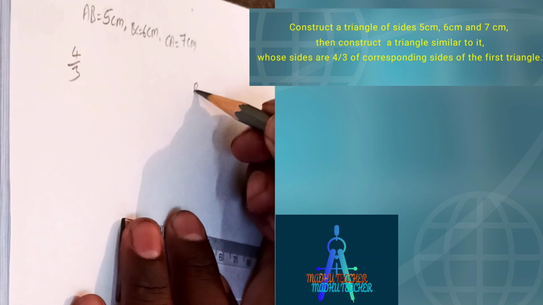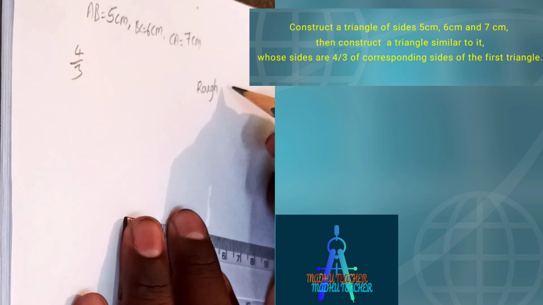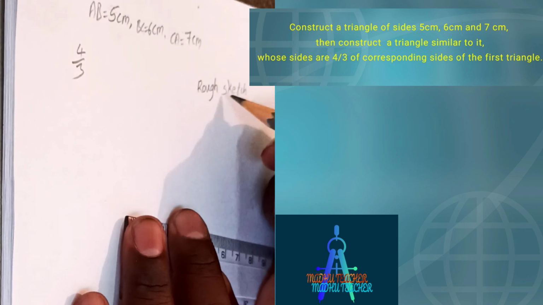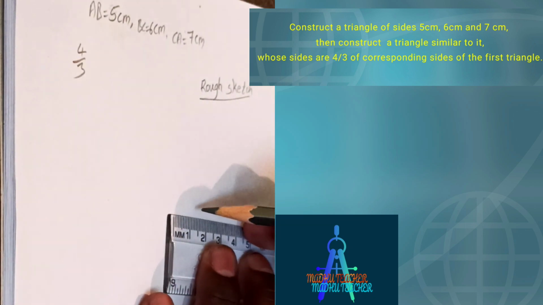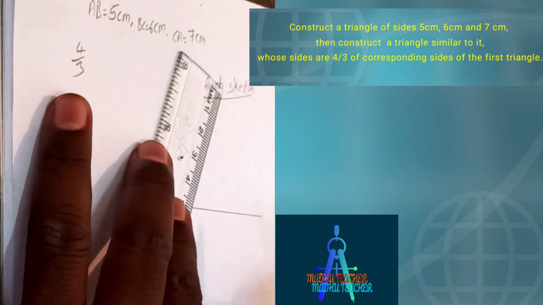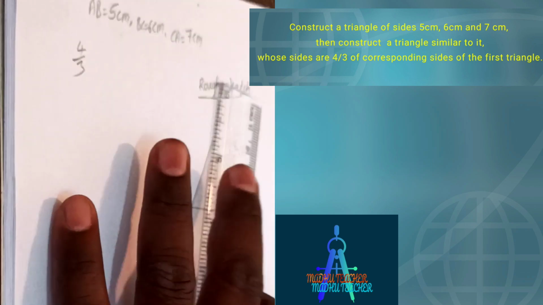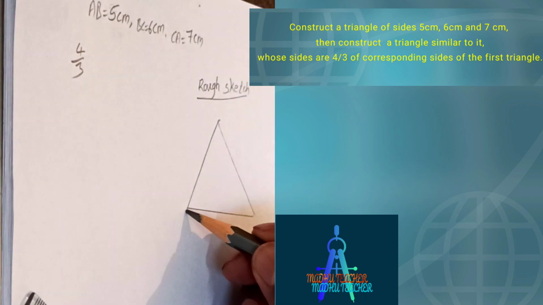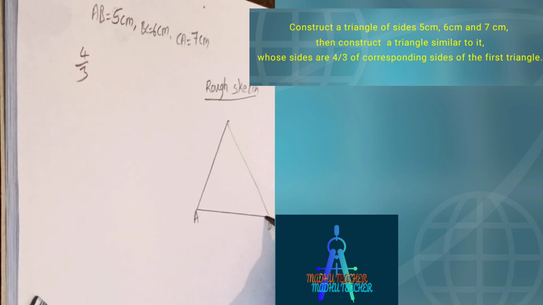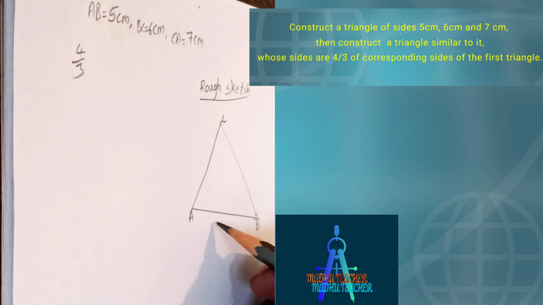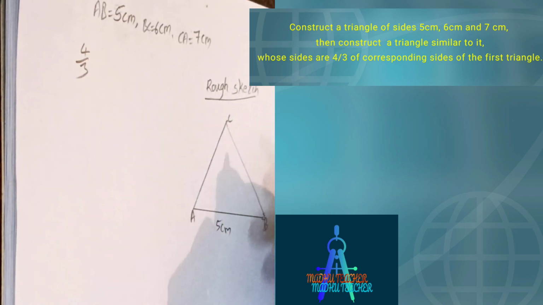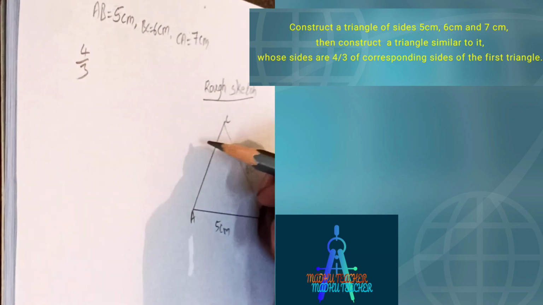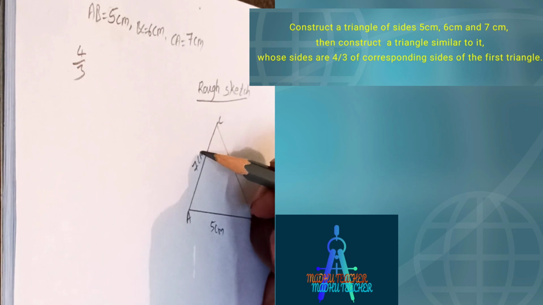This is the rough sketch. Let us name A, B and C. So it is 5 centimeter, BC equal to 6 centimeter, CA equal to 7 centimeter.